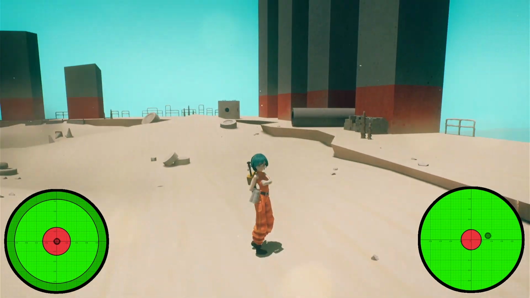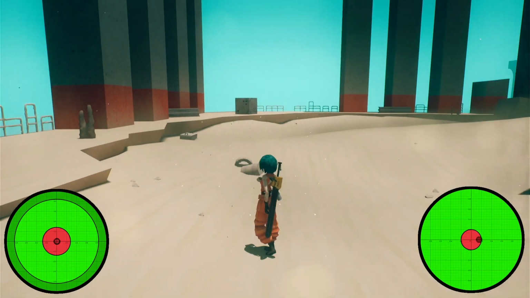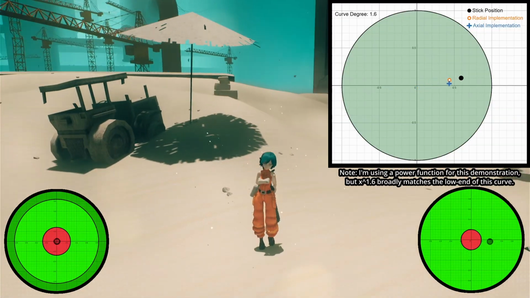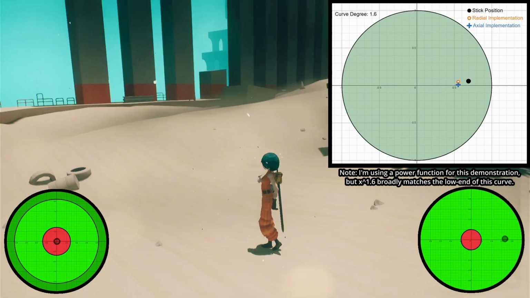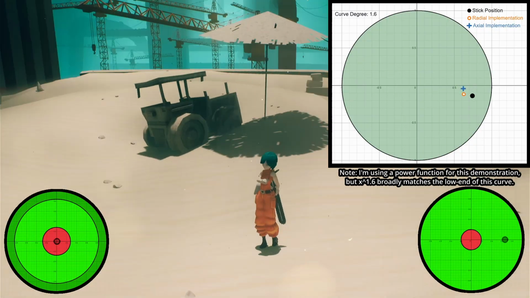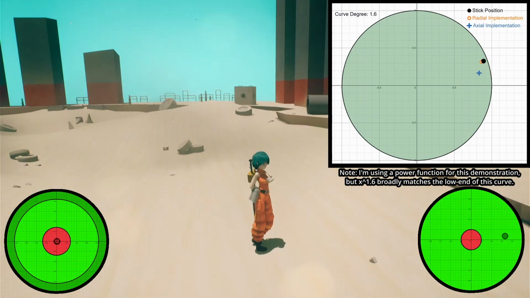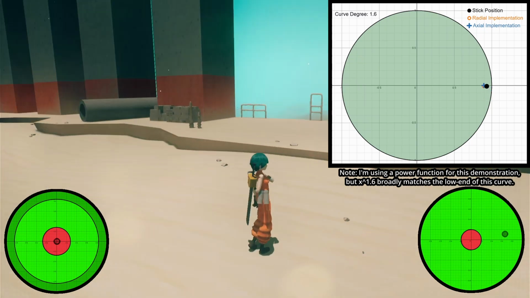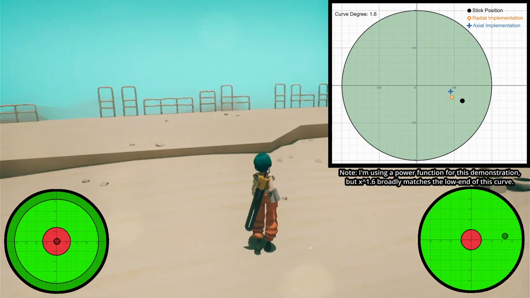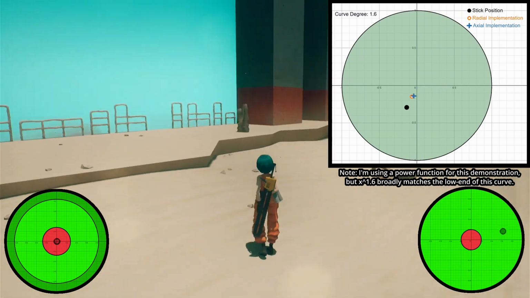One is it generally makes diagonal movement slower, because if we look at the vertical component, this is our 0 point, and since the curve is starting slower, that means our vertical movements are going to be slower right around this axis, and that's going to slow down our diagonal movement.